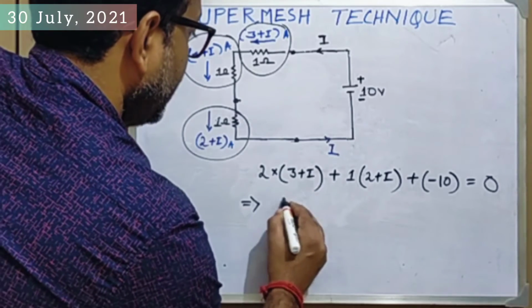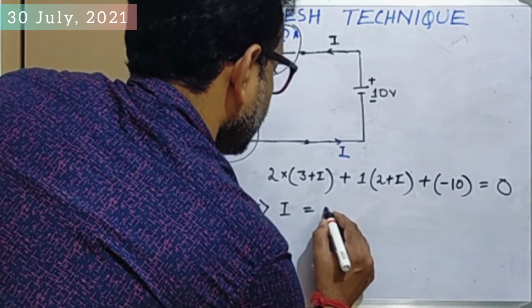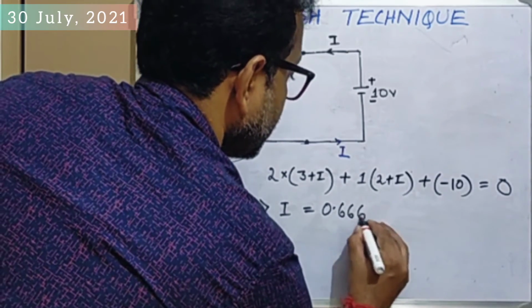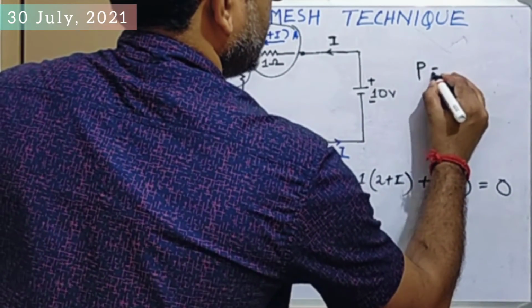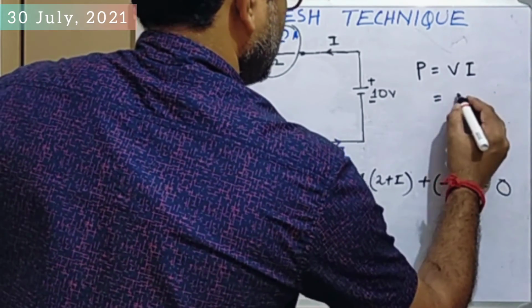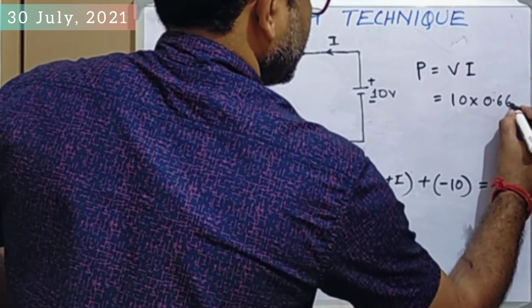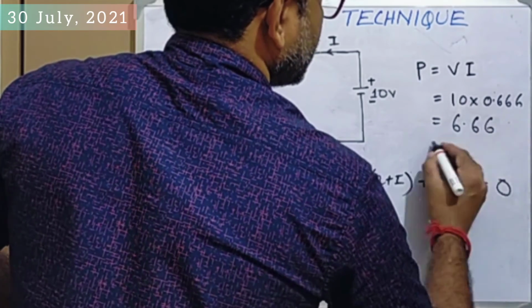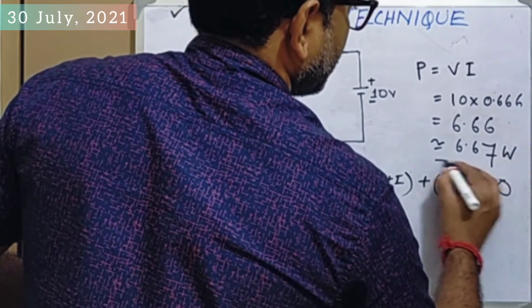By solving this, we get I equals 0.666. Therefore, power P equals VI, or 10 into 0.666, that is 6.66, approximately 6.67 watt.